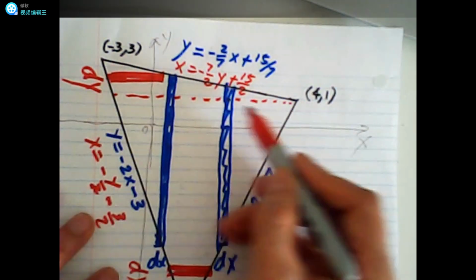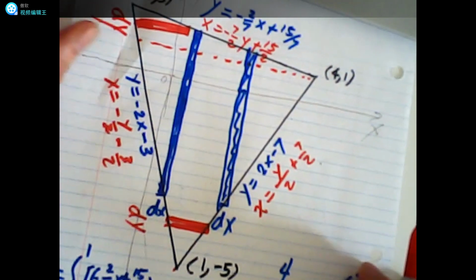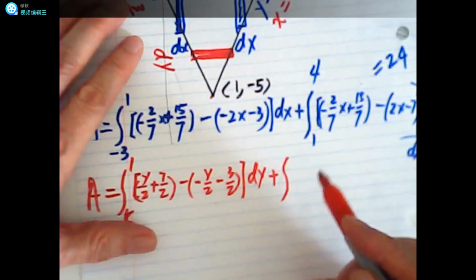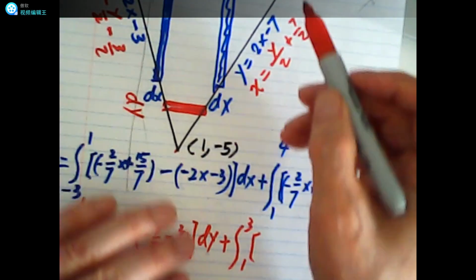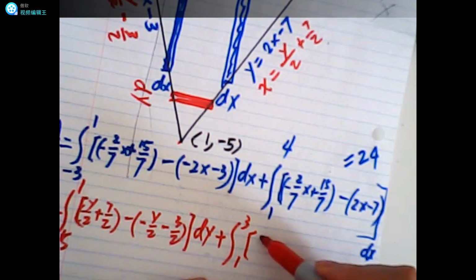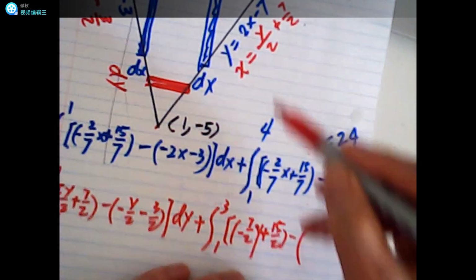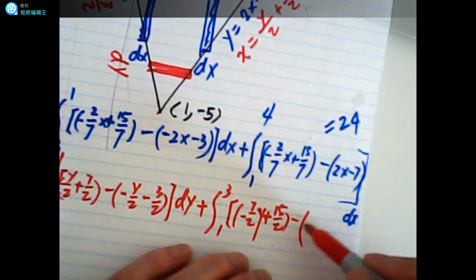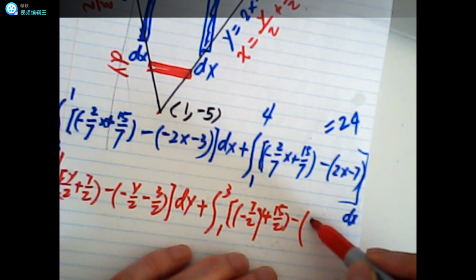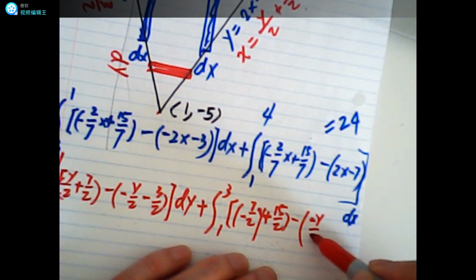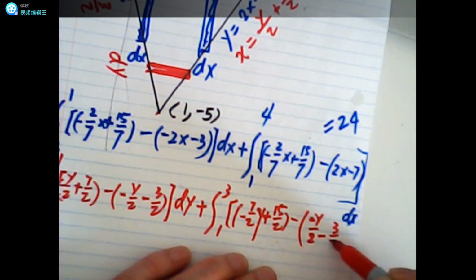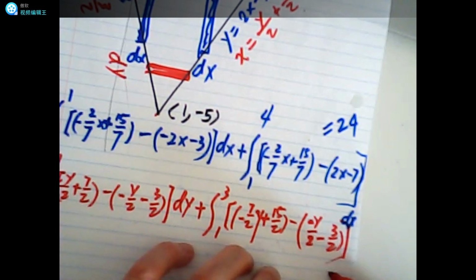this triangle, this piece, which is from 1 to 3, and this function, which is this one, minus 7 over 2 y plus 15 over 2, minus this function, which is negative y over 2 minus 3 halves, dy.